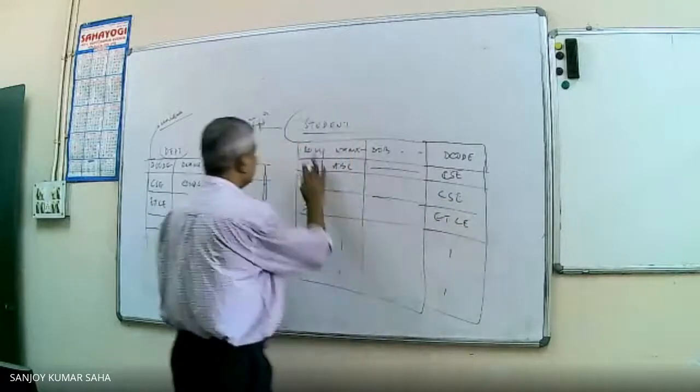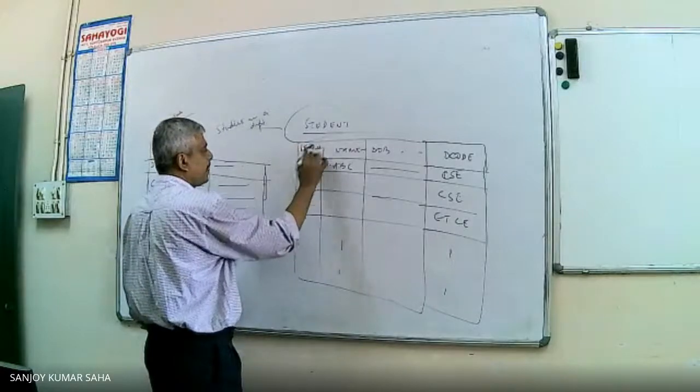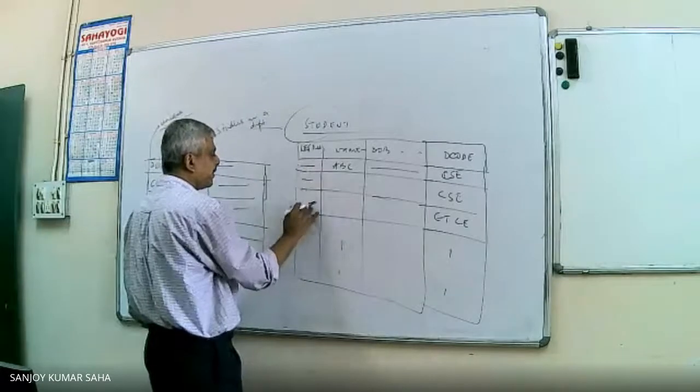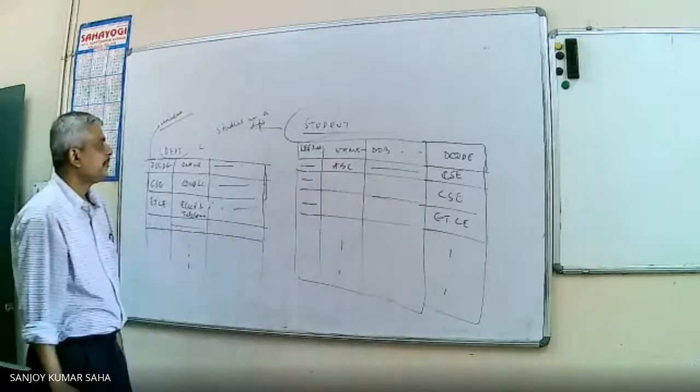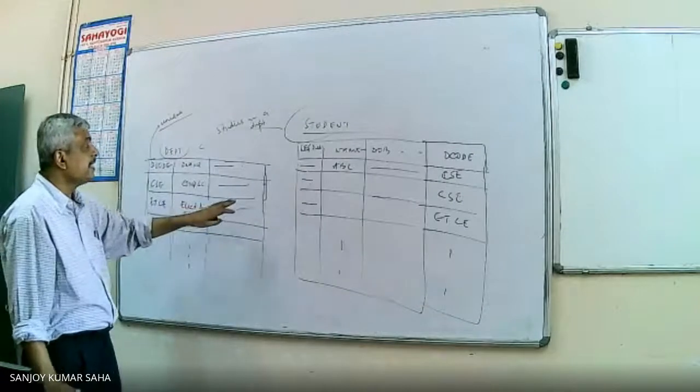Say I'm not considering this as roll, say this is the registration number. You have those long unique registration numbers.